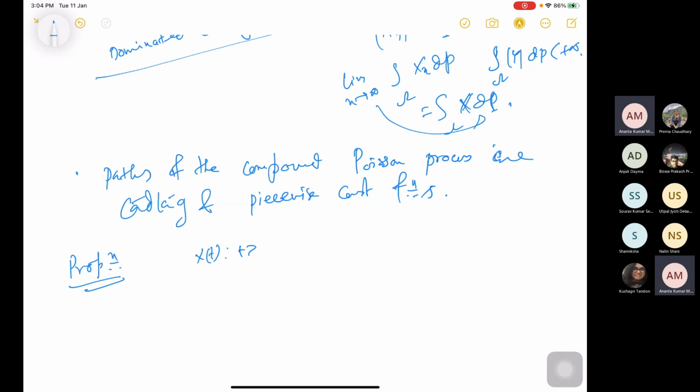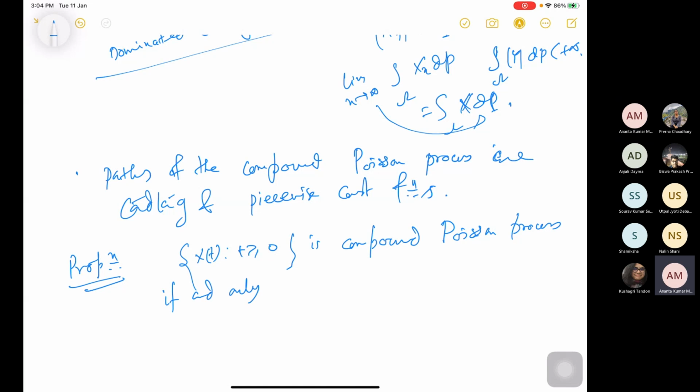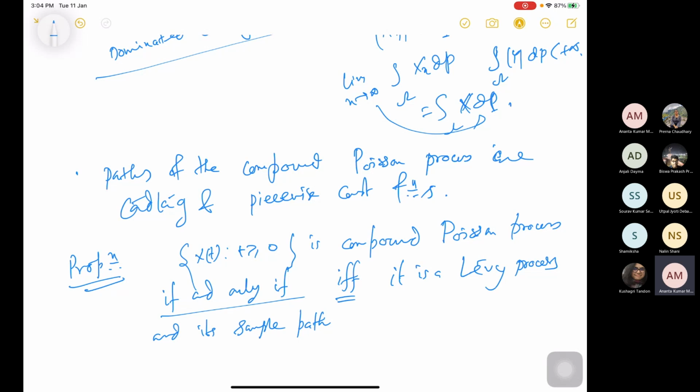Xt, for t greater or equal to 0, is a compound Poisson process if and only if it is a Levy process and its sample paths are piecewise constant.